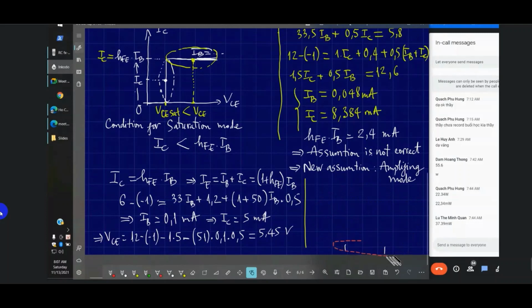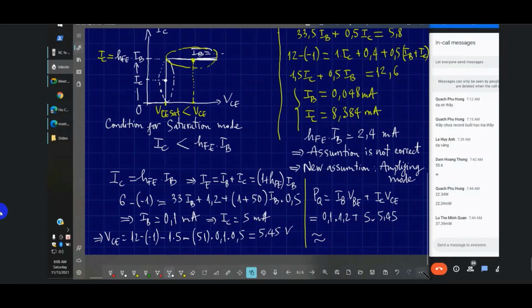Okay, so our power dissipated by the transistor, P of the transistor. It is from IB VBE plus IC VCE. Okay, and then you get the result: 0.1 multiplied with VBE of 1.2 plus IC of 5 multiplied with 5.45.